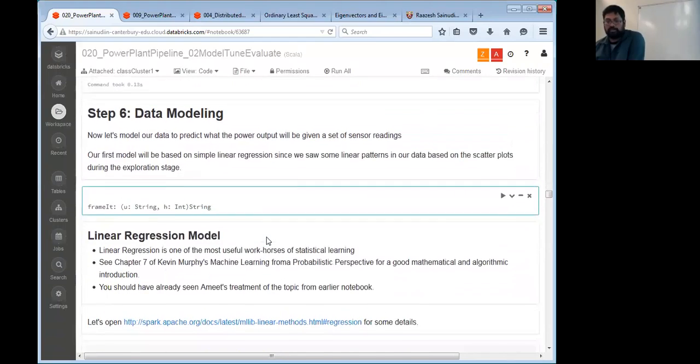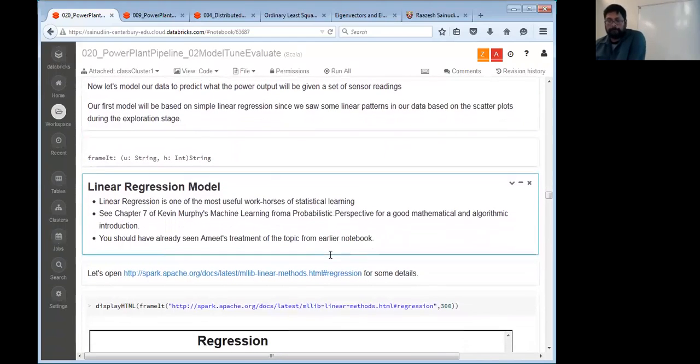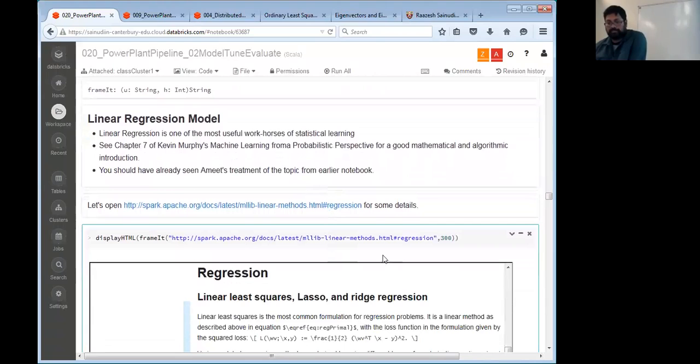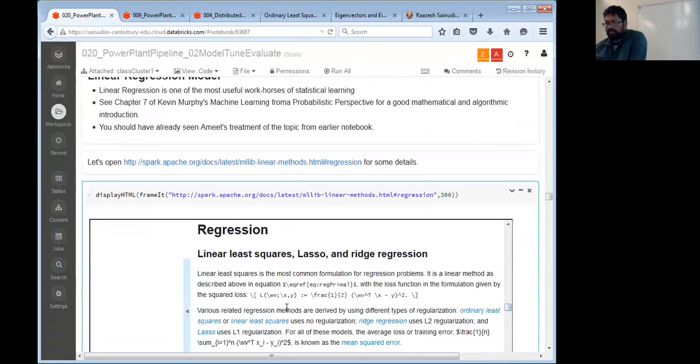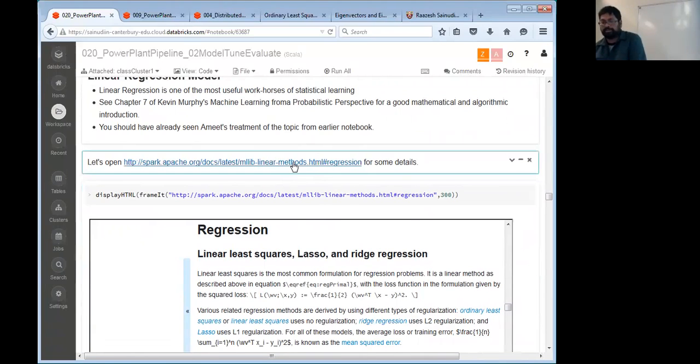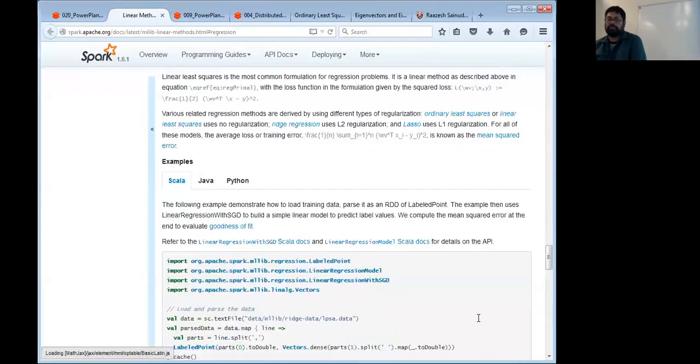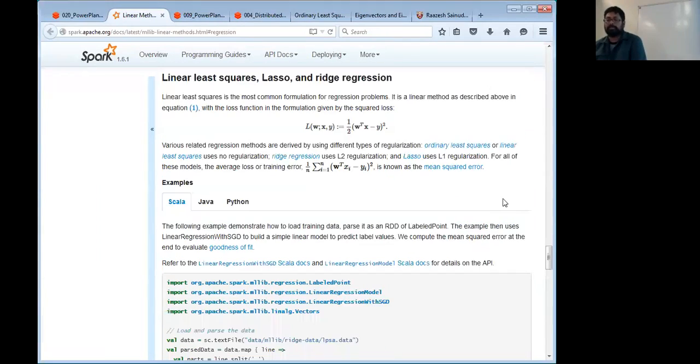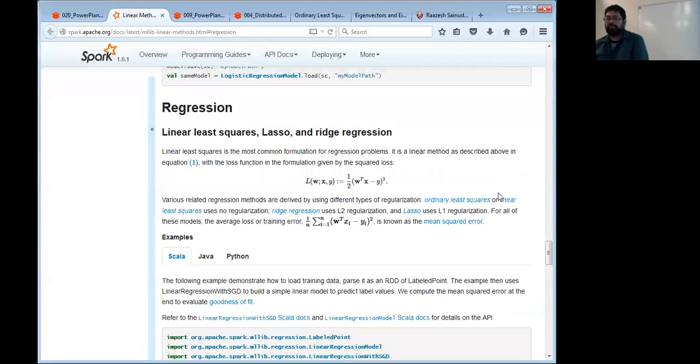Now for data modeling, here's what I'm trying to embed. Unfortunately, the LaTeX in the programming guide is not compatible with the Markdown, so we may have to go here directly. So this is basically linear regression in the MLlib programming guide. What we saw was ridge regression, which is one kind of regularization.